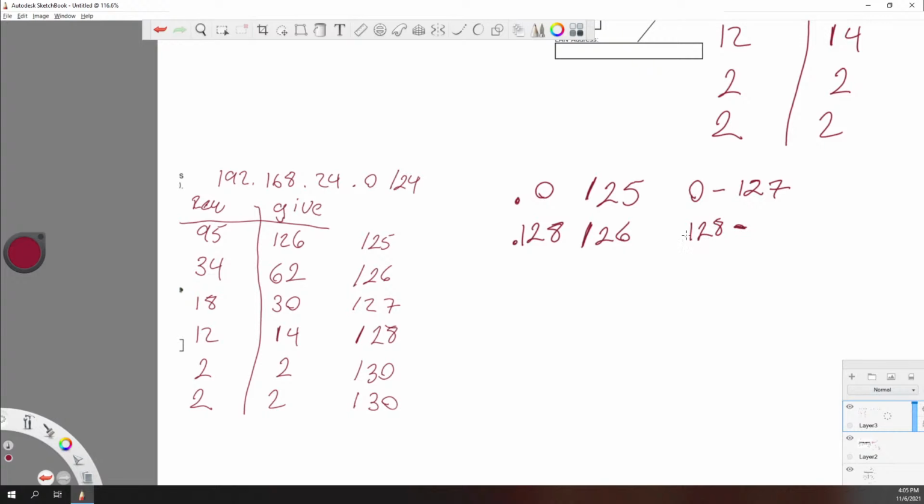We add 64 to this, so 128 plus 64 is 192. So it ends at 191, and our next network starts at 192.